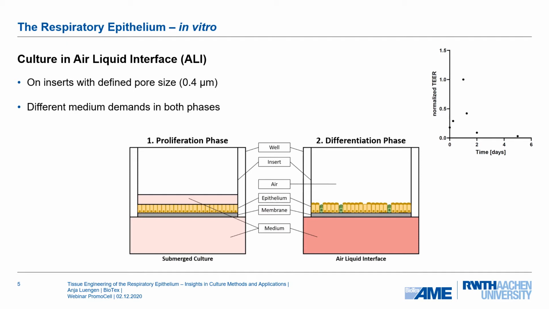Usually, a pore size of 0.4 micrometers is used. As we will see on the next slides, the medium used in both phases also plays an important role, as the medium demands differ between the phases.